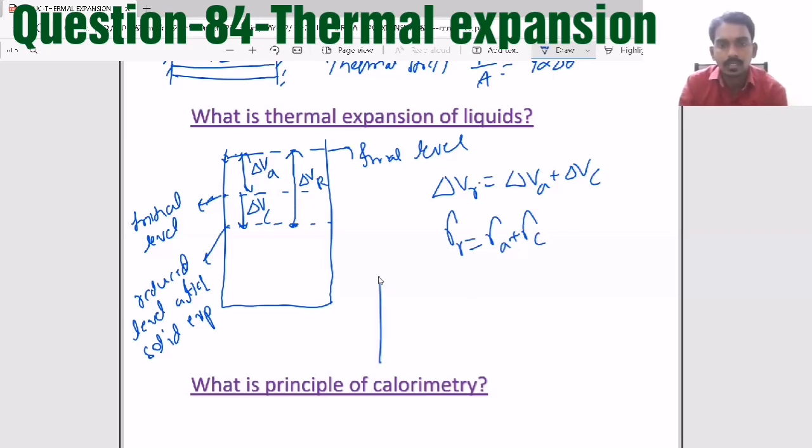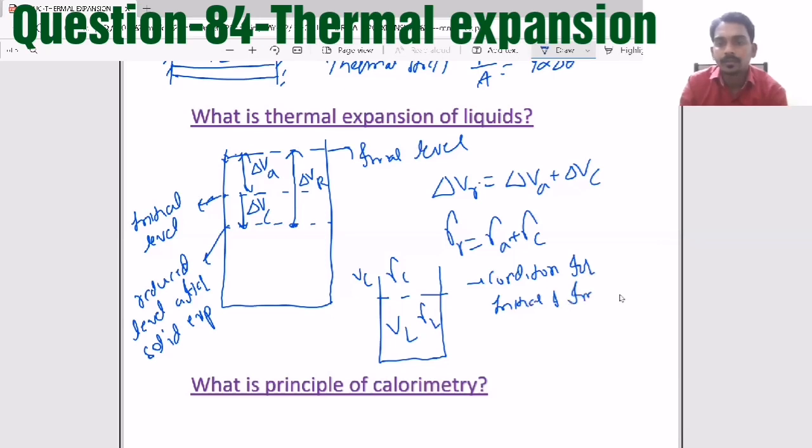And here comes one condition: if there is some liquid in a container, container volume Vc, liquid volume VL, gamma C and gamma L, the condition for initial and final level both being the same means delta V container equals delta V liquid.